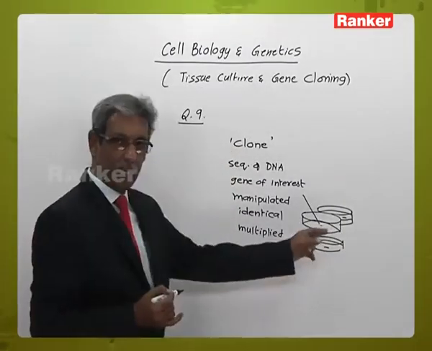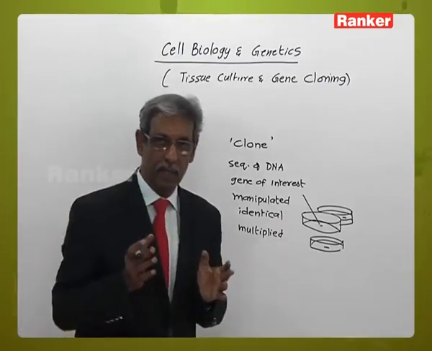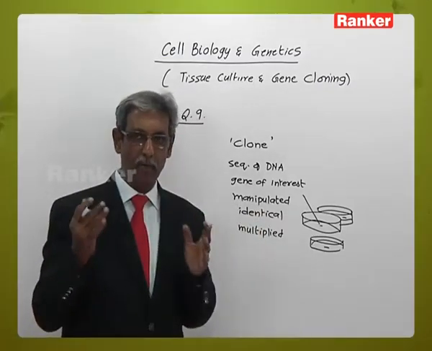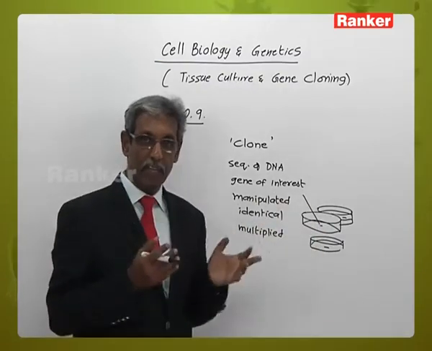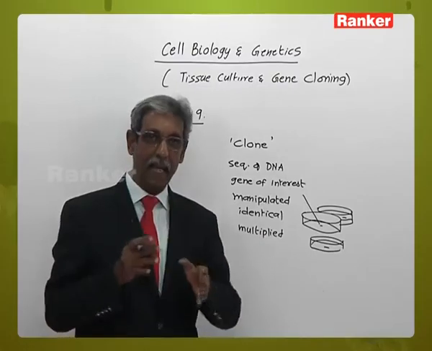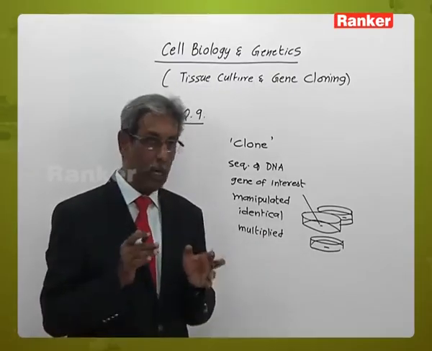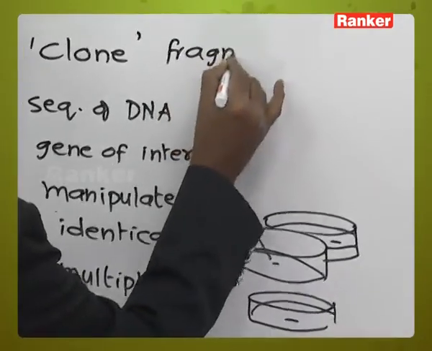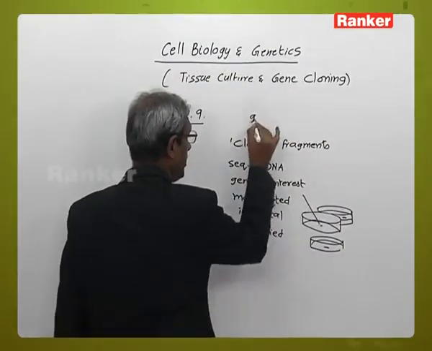So, after you isolate the genes of interest, you could load all the Petri plates on a shelf, which may amount to some 10,000 to 20,000 of these. So, 10 to 20,000 of these could primarily represent the entire genome of the organism, and this is the collection of cloned fragments of the entire genome.